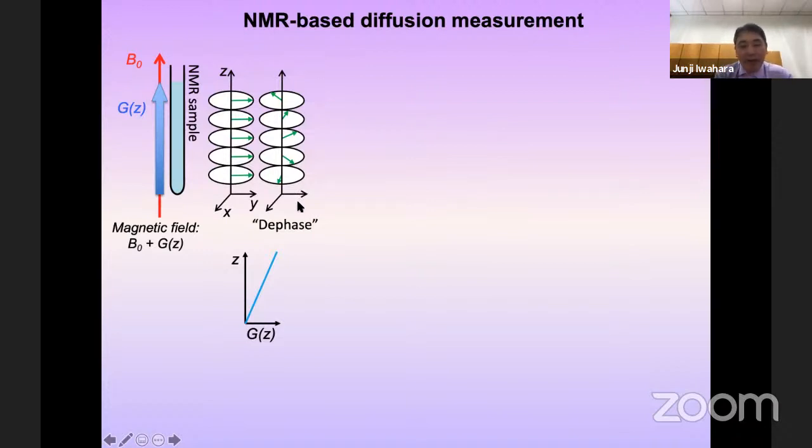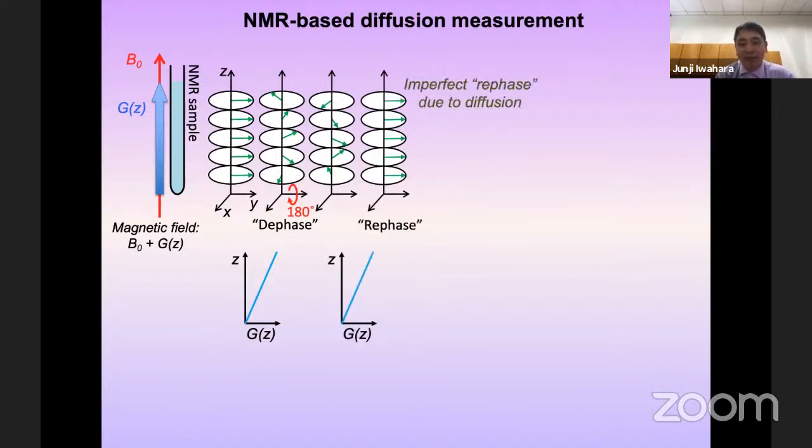And here, we can rotate nuclear magnetizations by 180 degrees and apply the same magnetic field gradient again. And then something magical happens, and the dephased magnetization regains coherence. This phenomenon is called rephasing. But this rephasing is not perfect because of diffusion.